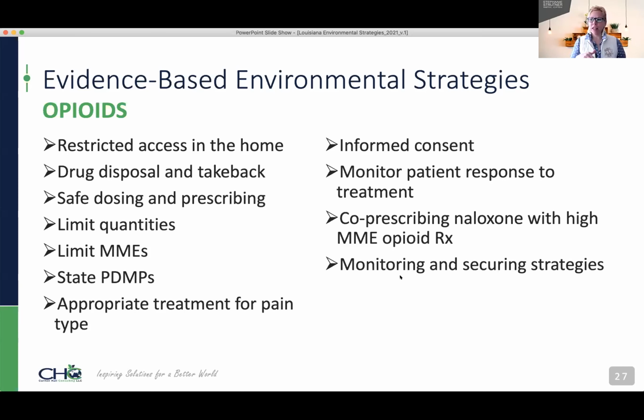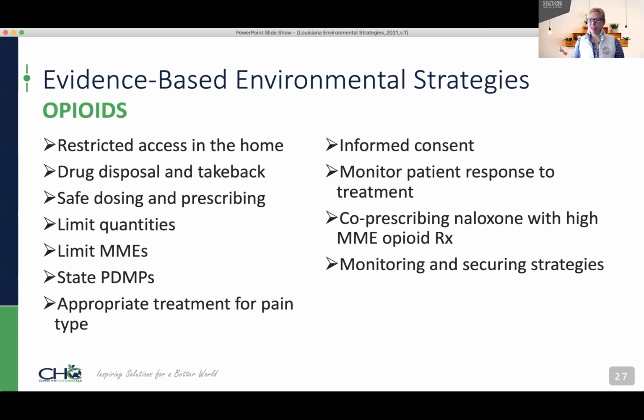Also, informed consent is a great strategy for preventing opioid misuse, making sure that every patient, every time, who's prescribed an opioid has a signed consent form that they have spoken with their healthcare provider that the medication they are being prescribed can lead to chemical dependence. Monitoring the patient response to the treatment. You know, if an opioid is not working to treat pain, the solution might not be to increase the dose of that opioid.